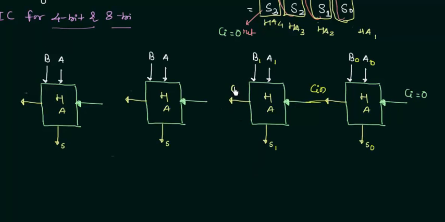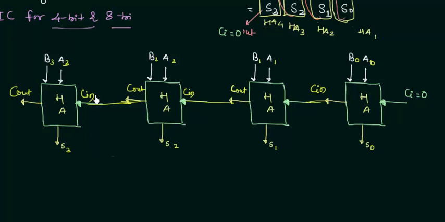Again the carry generated will be C out for this one, and when it goes to the next it is treated as C in. The bits are B2, A2, S2. This is C out, this is C in. C out is for this half adder, C in for this half adder, and it is B3, A3, and S3. Finally we get C out.